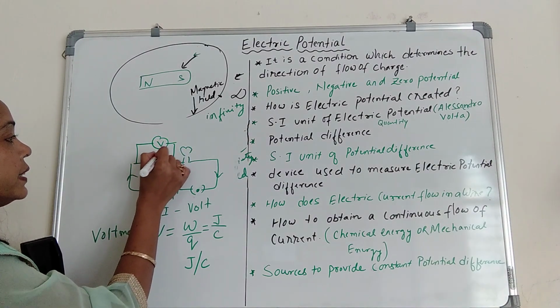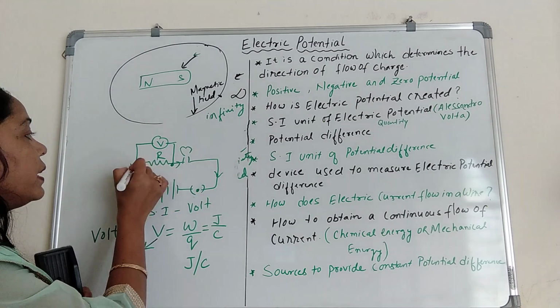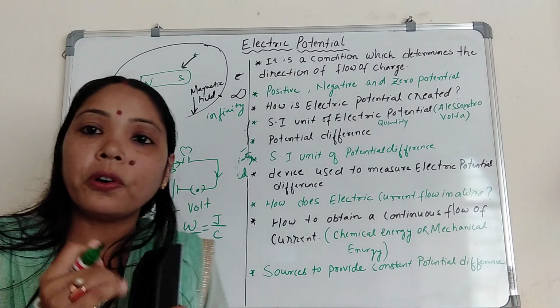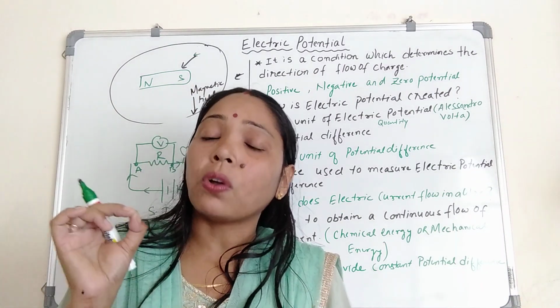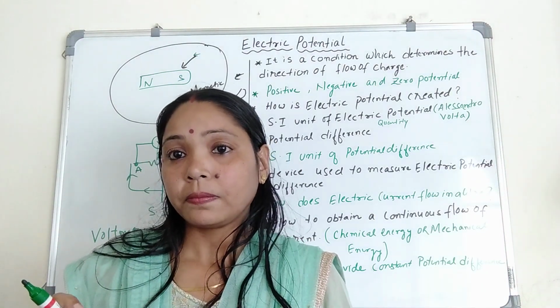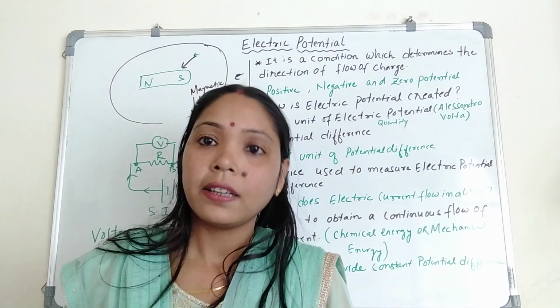Suppose here the resistance is my conductor and it has two terminals A and B. We have to connect the voltmeter between A and B. The voltmeter is always connected parallel to the conductor because a voltmeter is a high resistance device.